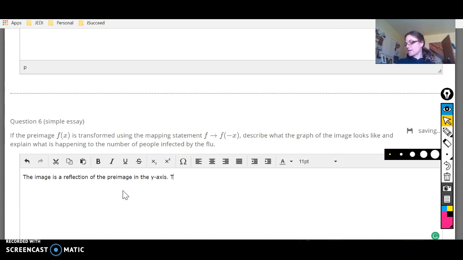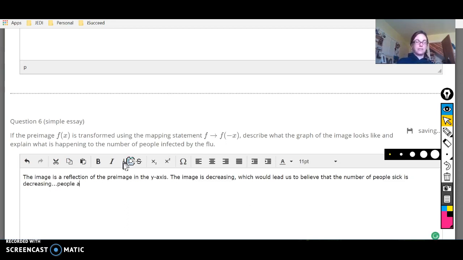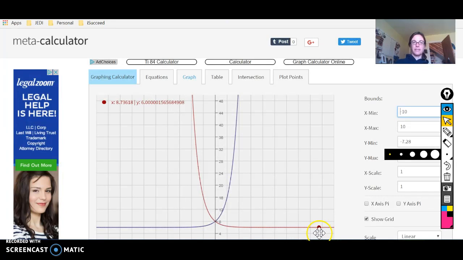The image is decreasing versus increasing, which would lead us to believe that the number of people sick is decreasing. People are getting better. So again, when we put in that negative x, we ended up with a reflection.